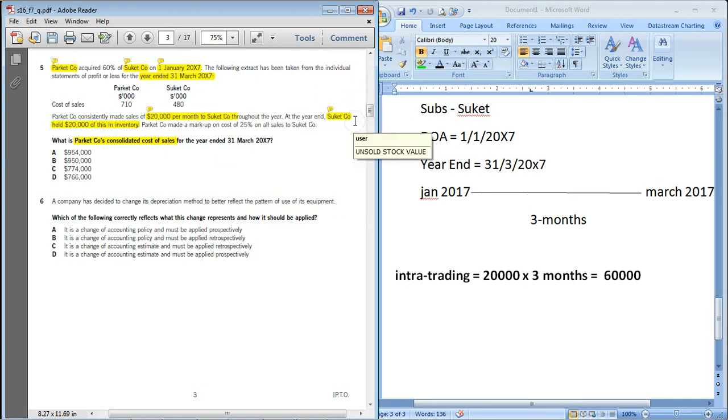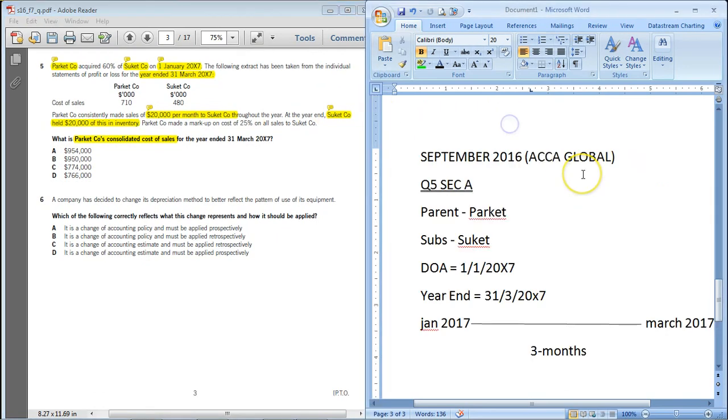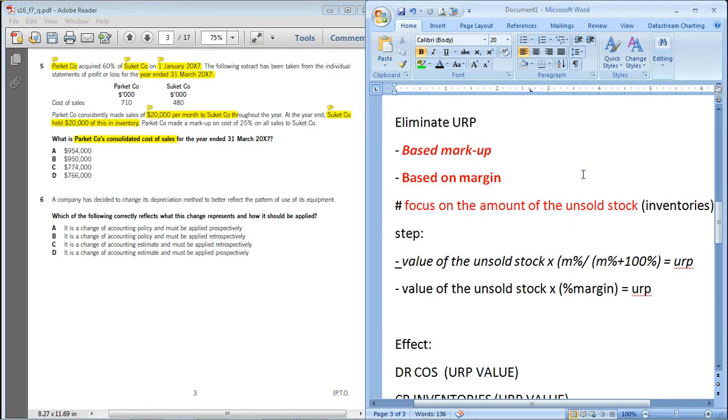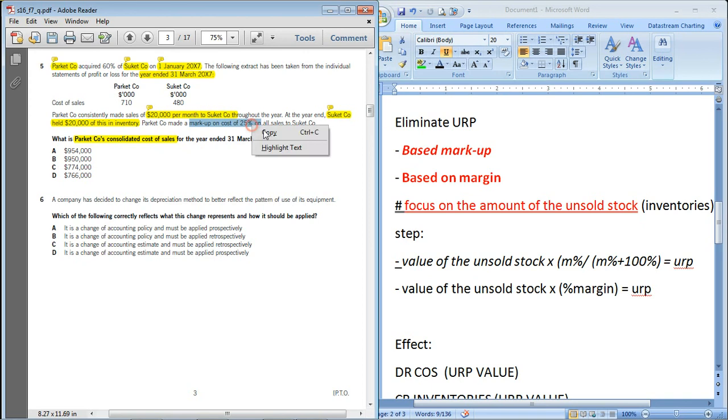Remember, as I mentioned just now, when you want to calculate the URP, you must focus on the amount of the unsold stocks of the buyer. Who's the buyer? Correct, class. Suket Company is the buyer. So now you still have 20,000 in your position. So the amount of unsold stock is 20,000. Using what method? You have to know. Oh, markup on cost of 25%.